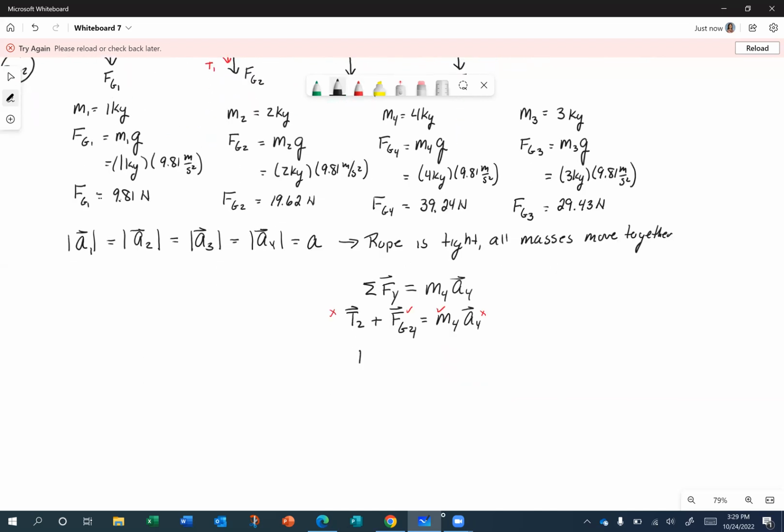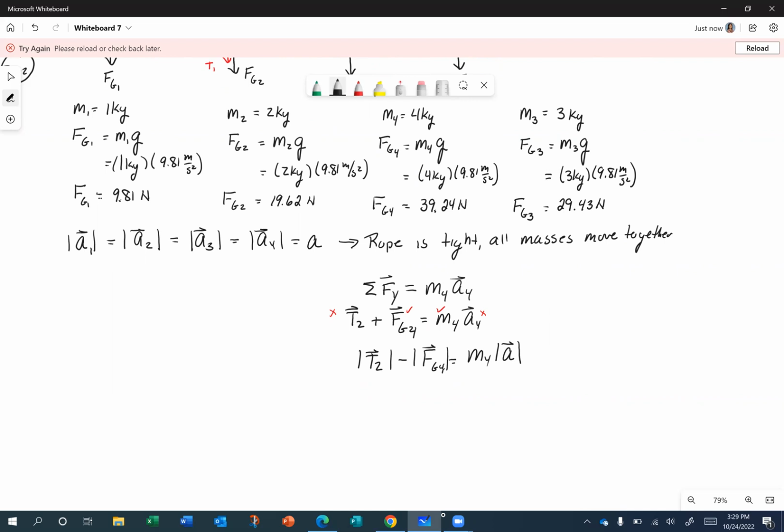So what we get here is the magnitude of T2 minus the magnitude of the gravitational pull on the 4 kilogram is equal to mass 4 times the magnitude of the acceleration, which we just called A, right?